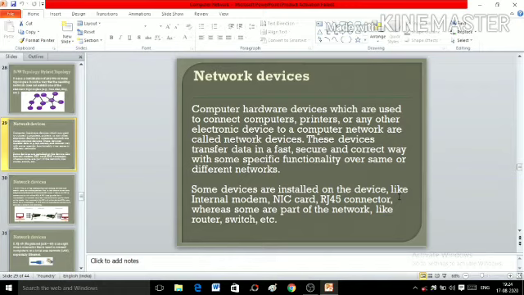These are the devices which are installed inside any computer or printer or any other electronic device, like internal modems, NIC cards, RJ45 connectors.